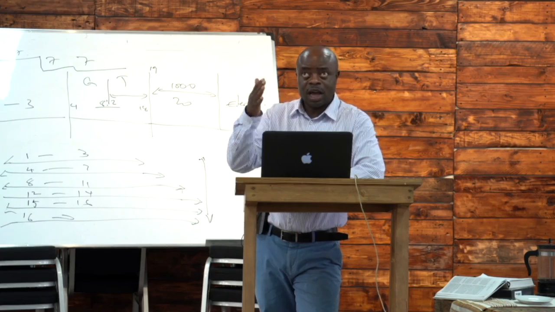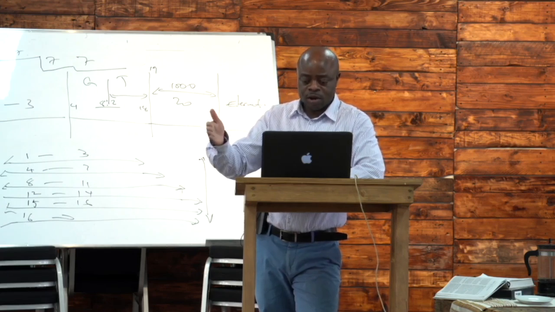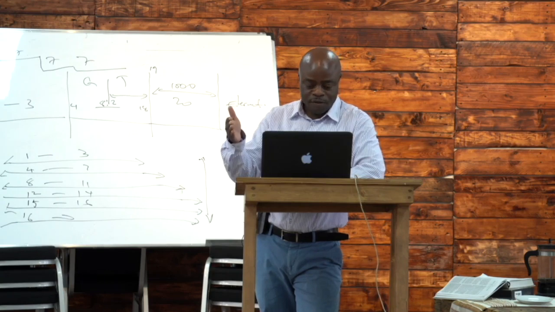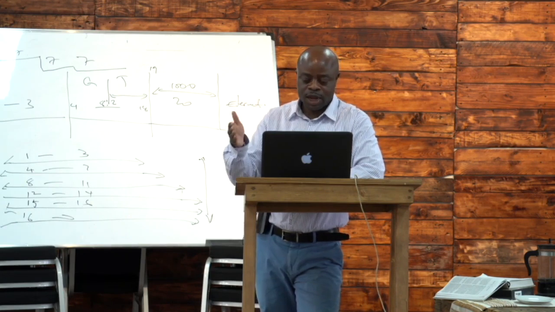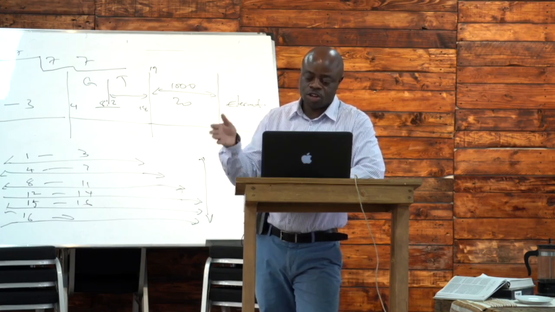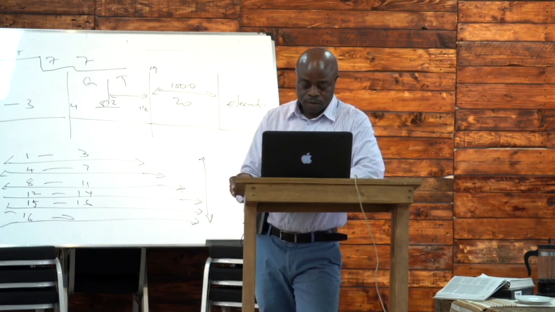Thus, 10, for instance, is the triangle of 4, because 1 plus 2 plus 3 plus 4 gives us 10. So the sum of successive numbers is where we get triangular numbers.